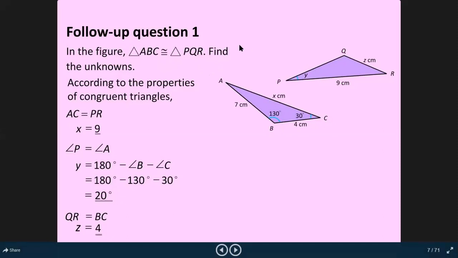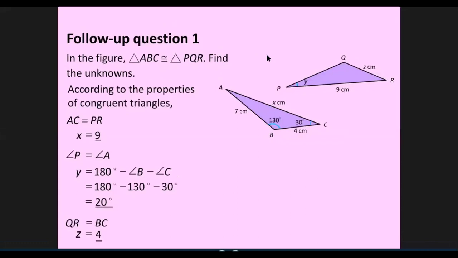What about y? Debolina. It will be 30. Why do you believe 30?